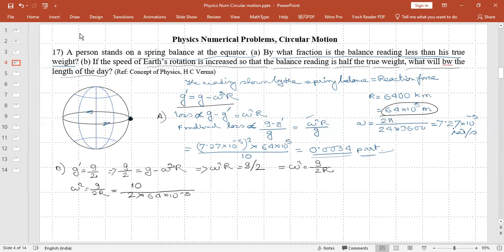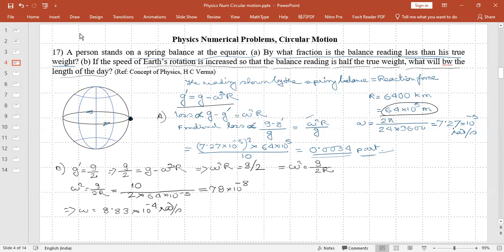I am omitting the calculation part, you will find omega square is equal to 78 into 10 to the power minus 8. From here, we find omega equal to 8.83 into 10 to the power minus 4 radian per second.